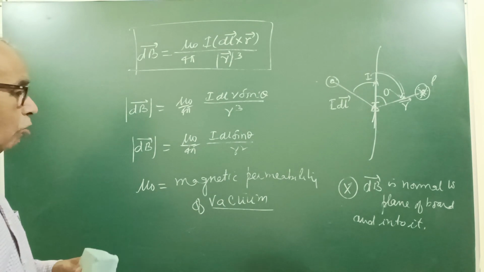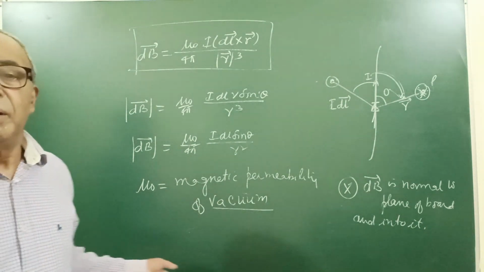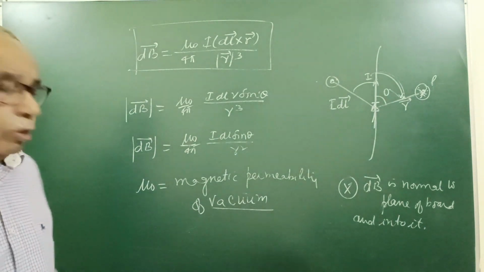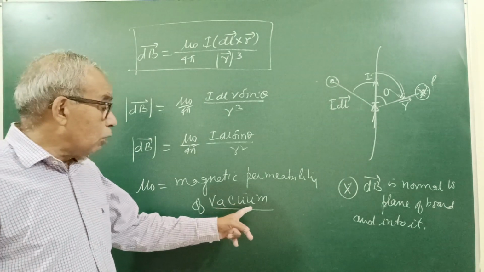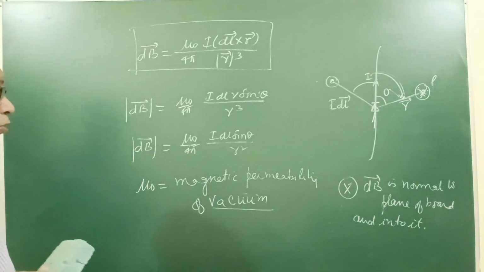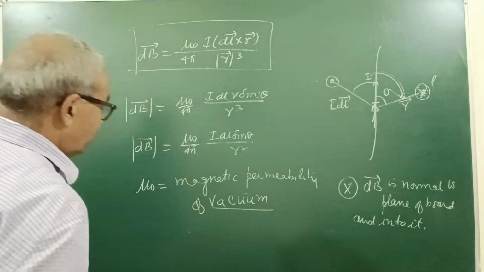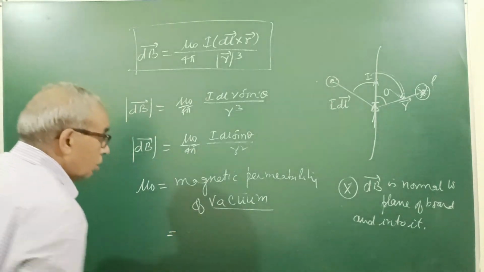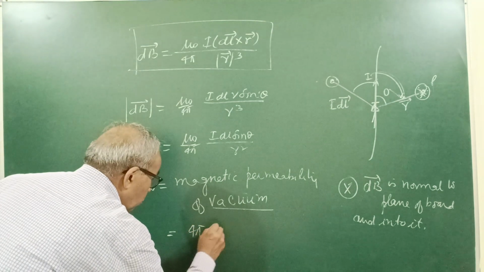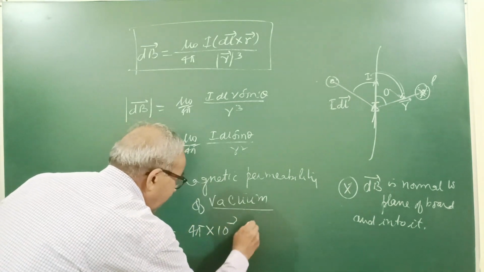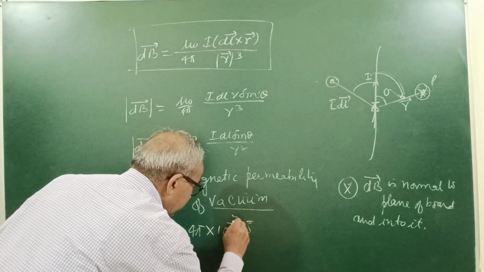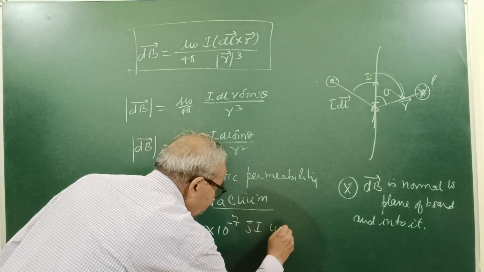See the spelling of vacuum. Generally, I have seen the spelling of vacuum written very wrongly. It is V-A-C-U-U-M, not a double C. Some people say it differently, and its value is 4 pi into 10 to the power minus 7 in SI units. I will tell you later on.